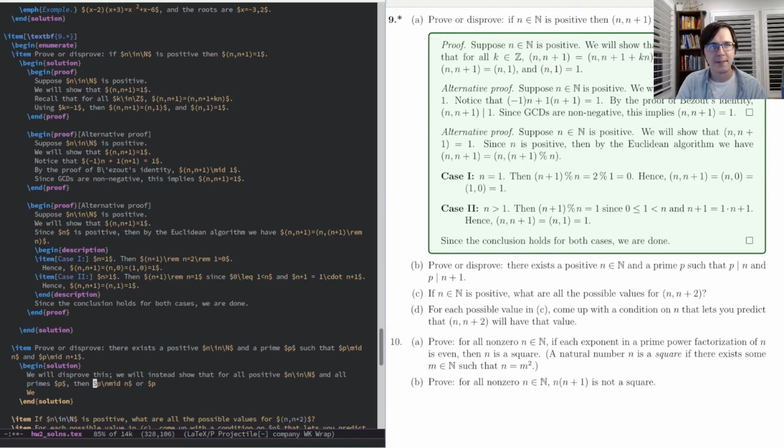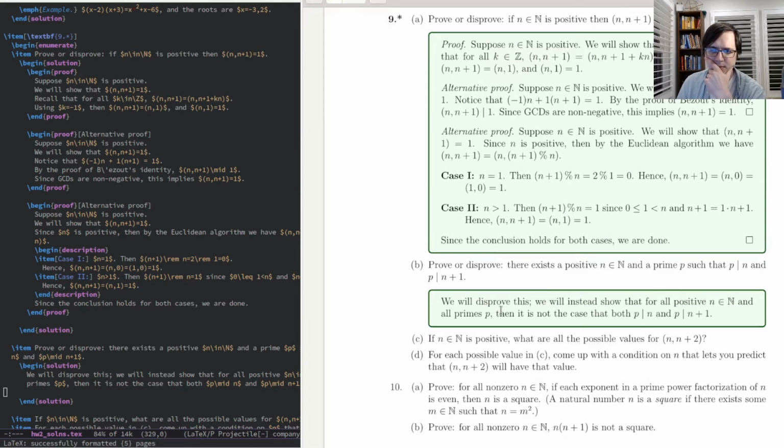You have to decide how far you're going to negate something. So I'm going to say it like this. For all positive n in the natural numbers and all primes p, it is not the case that both p divides n and p divides n plus 1.